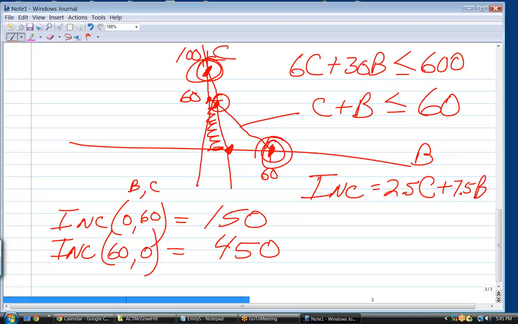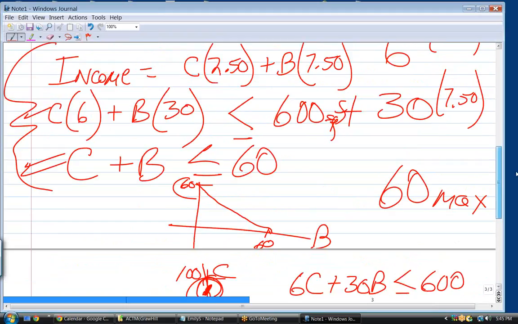If I had 60 buses, my income is going to be $450 because I get 3 times per bus. Problem is, can I put 60 buses in there? No. This constraint right here tells me that the most buses I could put in there is 20 if I had no cars at all.